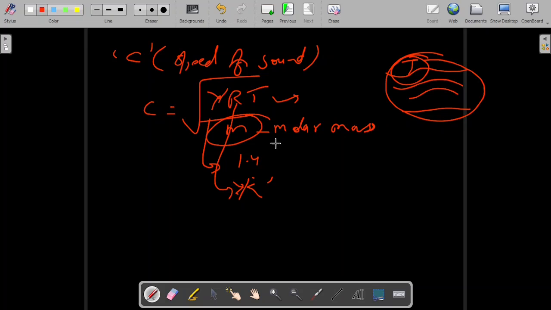And M is the molar mass of the gas which is present in the surrounding. So when we speak about the aircraft moving in a surrounding, then this gamma, R and M molar mass do not vary much.